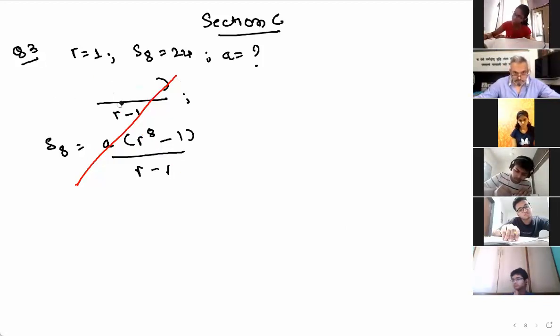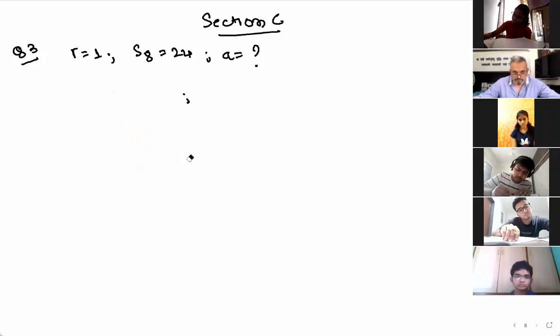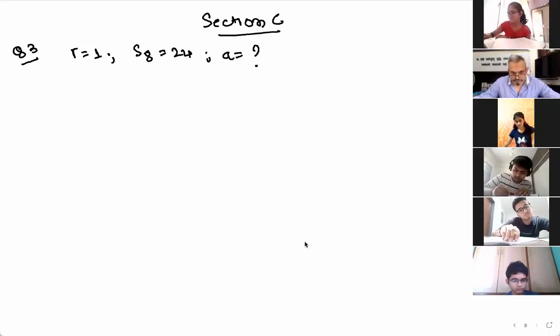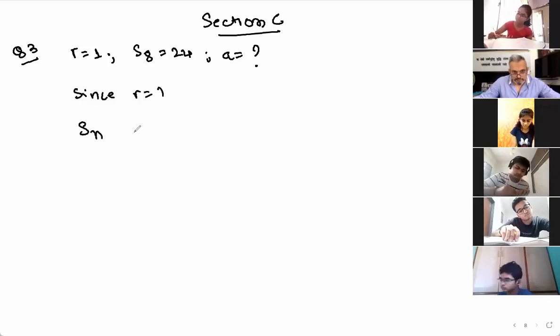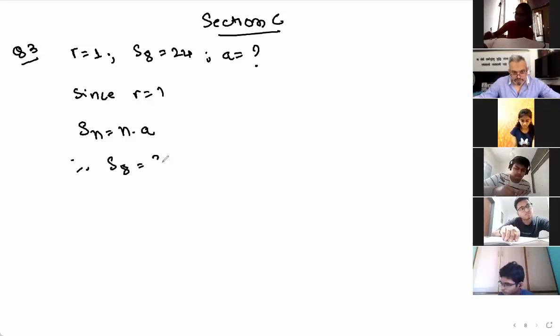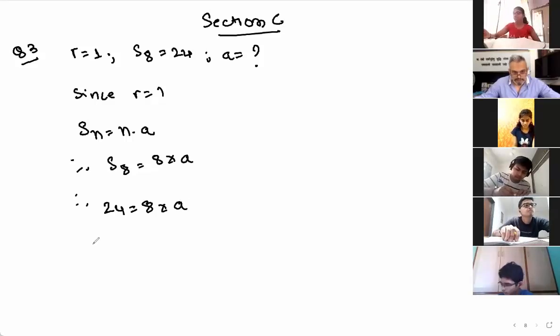Now, ध्यान दो. Since R is equal to 1, Sn is equal to n into A. So S8 is equal to 8 into A. So therefore 24 is equal to 8 into A. Therefore A is equal to 3.